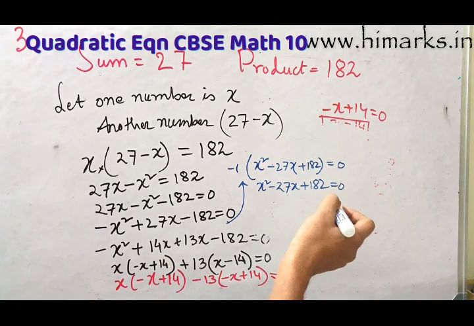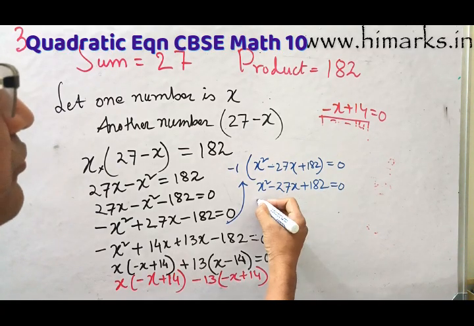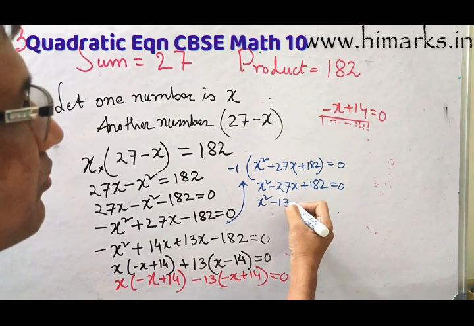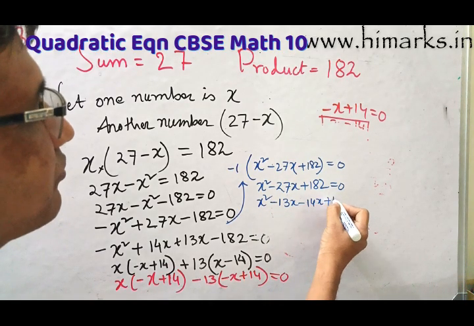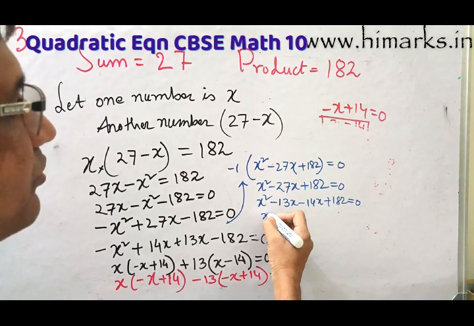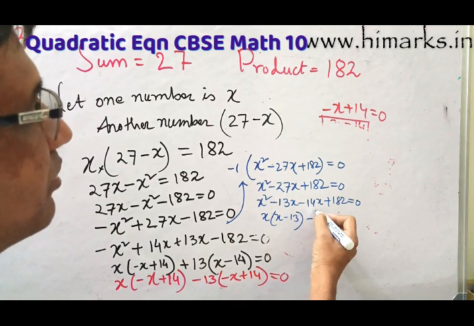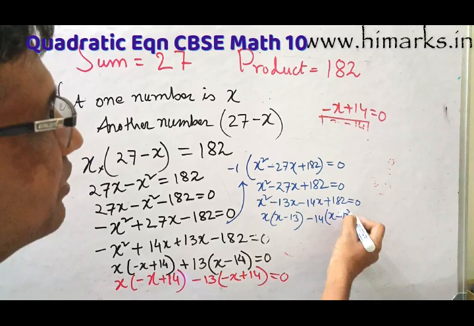Okay, so we know that 182 we have broken as 13 and 14. So x square minus 13x minus 14x plus 182 equal to 0. So if you take x common, x minus 13. From here if you take 14 common, you will get x minus 13.